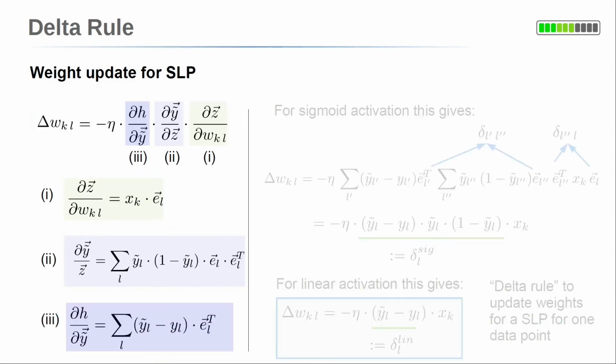Now we can put all three contributions to the cost function derivative according to chain rule together. If we substitute these three expressions into the formula for the weight update delta WKL, we have the expression shown here.